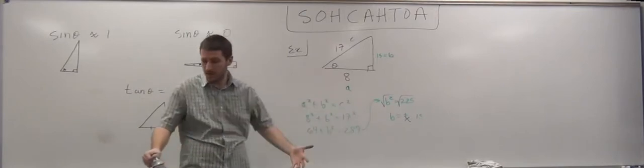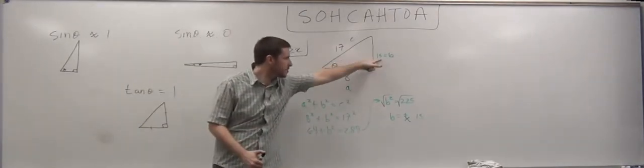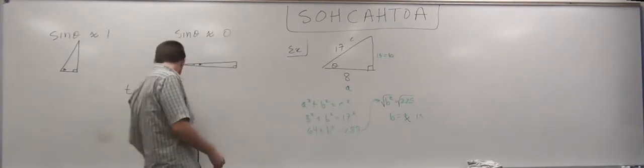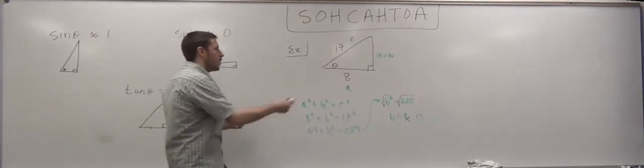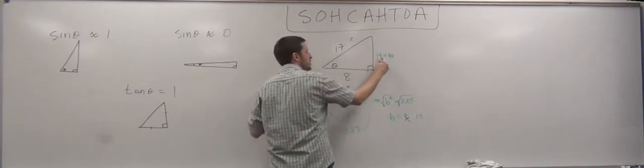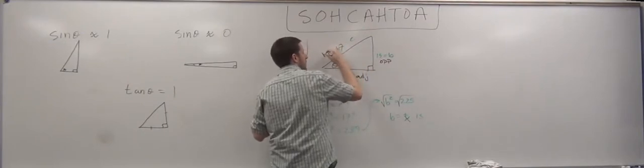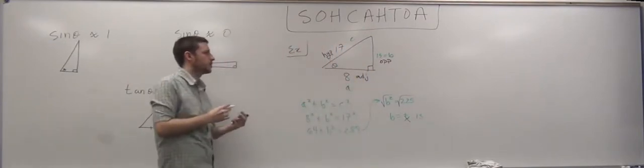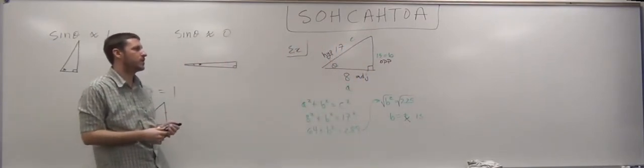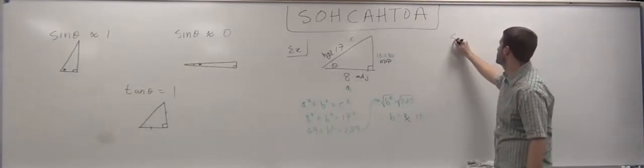Now we can actually answer the question, but we had to figure out this missing side first. So if I want my 6 trig functions of theta, I now label opposite, adjacent, hypotenuse. I go to town. Town is my favorite place to be.